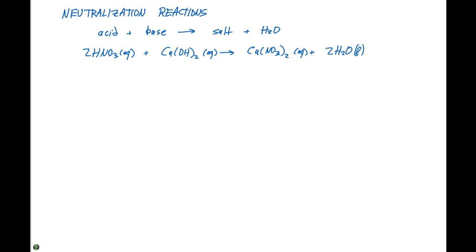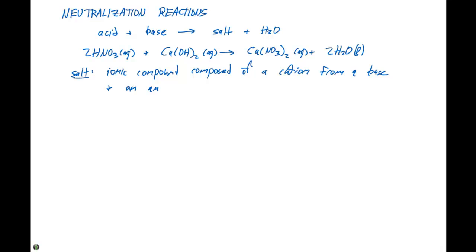So here we have an acid and a base, and we get water as a product, and we also have another product we refer to as a salt. A salt can be defined as an ionic compound composed of a cation from a base and an anion from an acid.